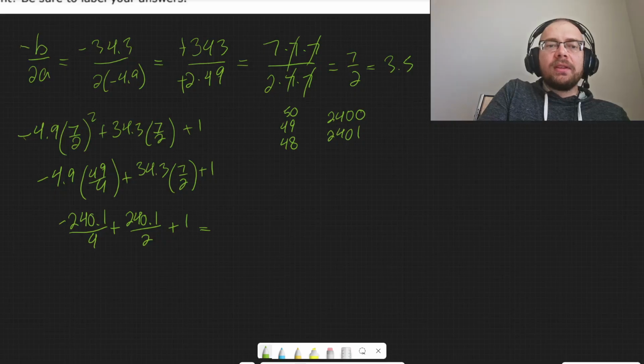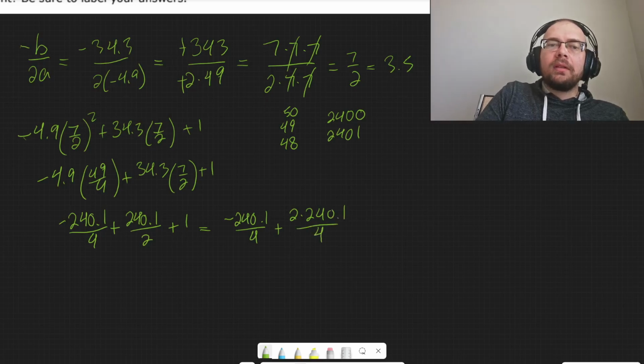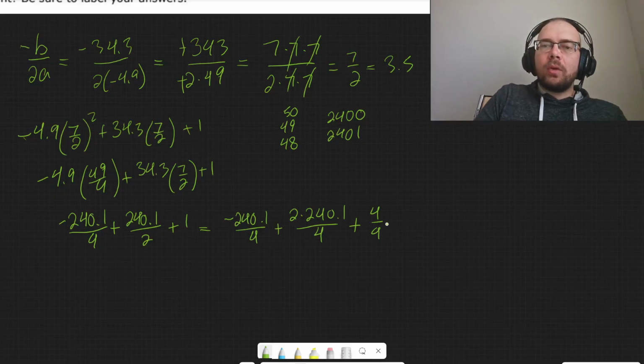Okay, so then I can use a little trick. Those are the same number. So if I times this one by 2 on the top and the bottom, it's negative 240.1 over 4 plus 2 times 240.1 over 4 plus, and then I want this to be out of 4 as well, so 4 over 4. Okay.